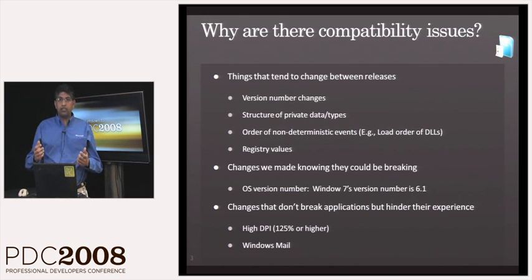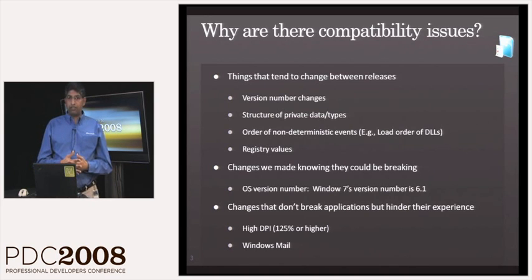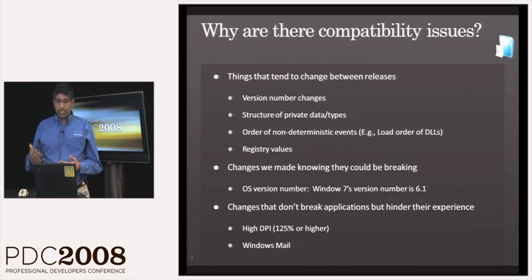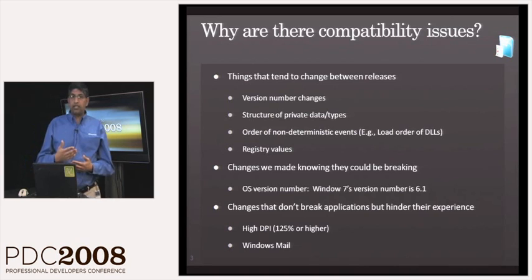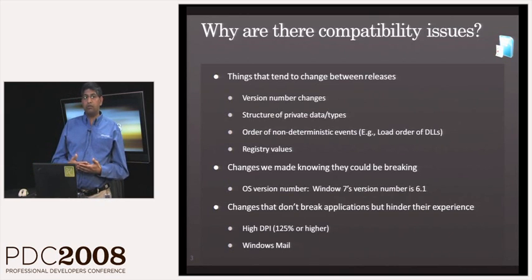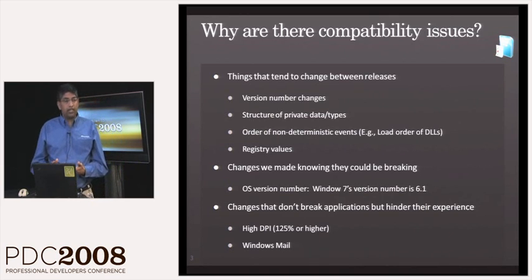One is applications that use private structures and functions. And secondly, things that we make changes to the operating system knowingly. And thirdly, there are changes in the operating systems that hinder the application's experience, but not necessarily break them. Let me go back and give you a little bit more details on the 3 of them.